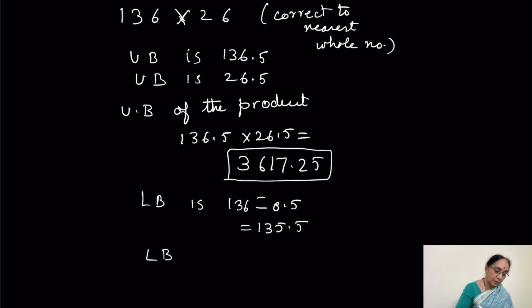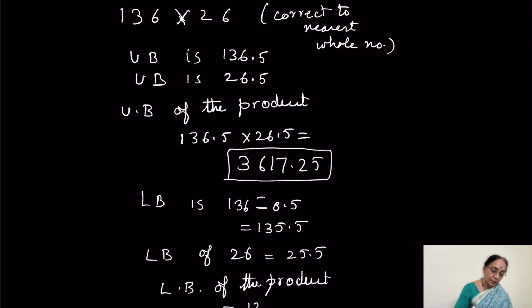What is the lower bound of 26? That will be 25.5. So the lower bound of the product will be 135.5 times 25.5. So let's see what that is. 135.5 times 25.5 gives me 3455.25. So this is the lower bound of the product and this is the upper bound of the product.